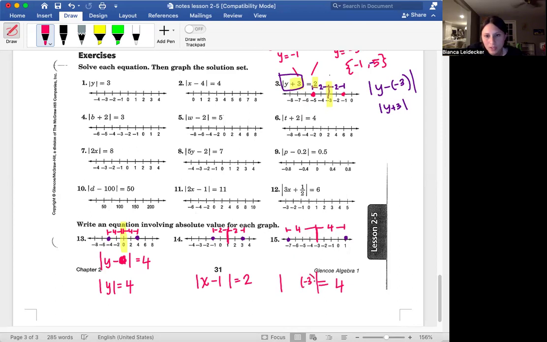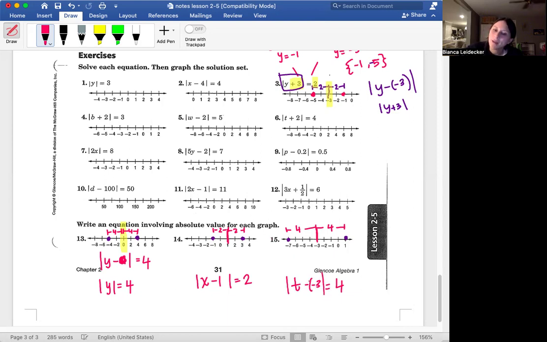That's -3. And I'm going to subtract it from my variable. So let's say this is s. S minus -3. I'm going to use a different variable because s looks like 5 sometimes. Let's say t, okay? The absolute value of t minus -3 equals 4.